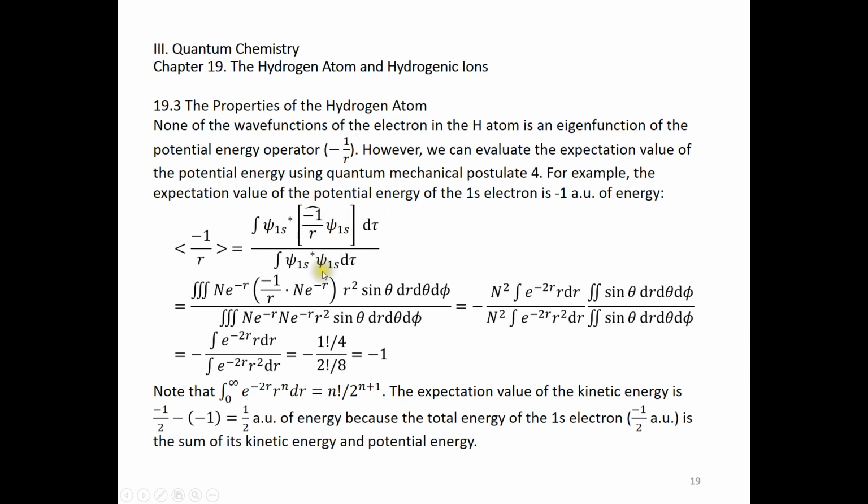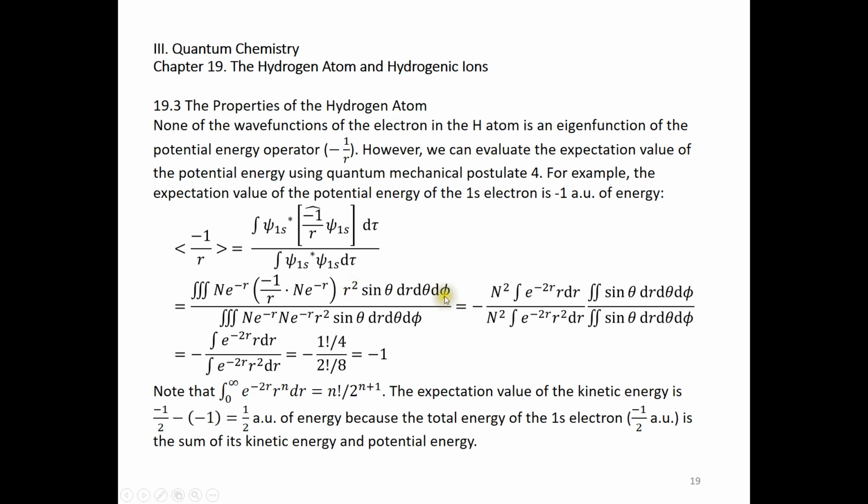So now we have postulate 4 being used here with two integrals, one on top, one on the bottom. On the bottom, you have psi star times psi. On the top, you have psi star multiplied by the operator applied to psi first. You need to do this operation first and then multiplication. So over here, I'm just writing out the integrals. I'm using the volume element in polar spherical coordinates, which is r squared sine theta dr d theta d phi.